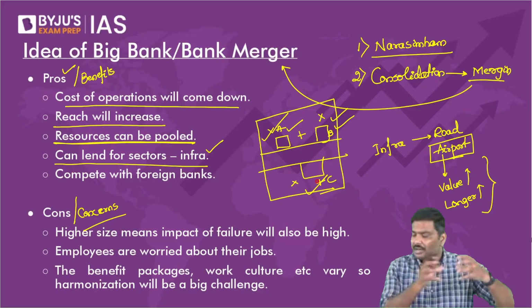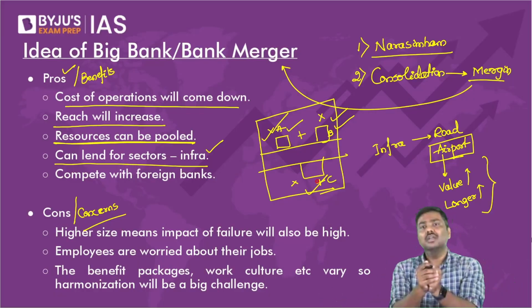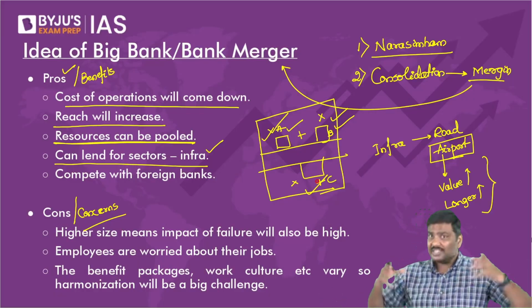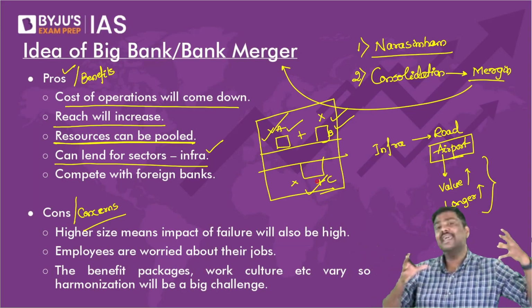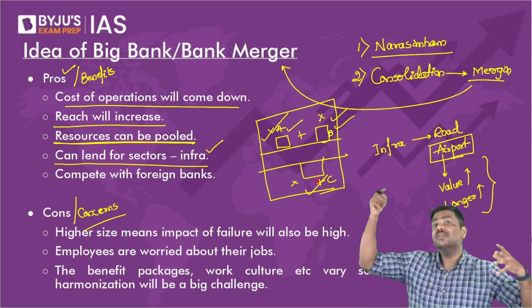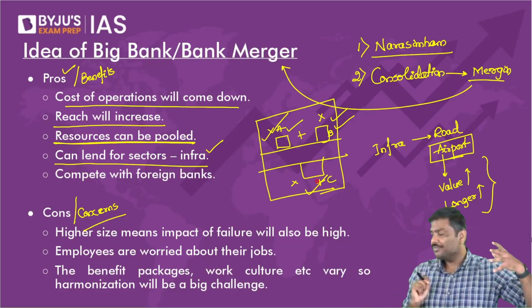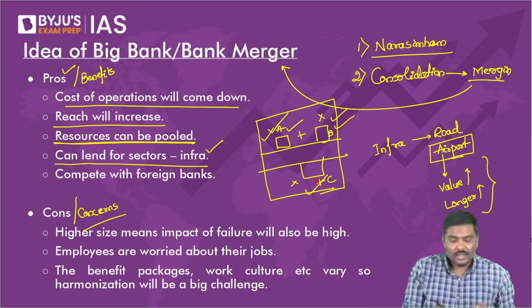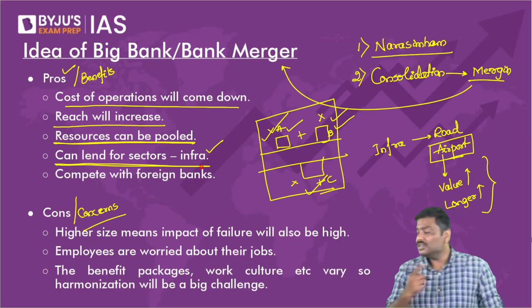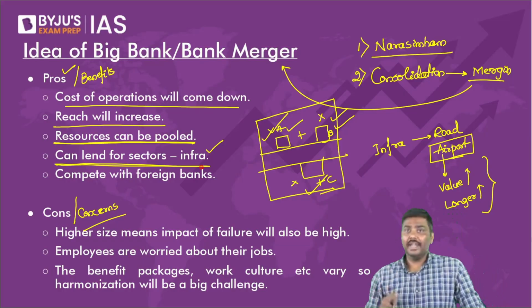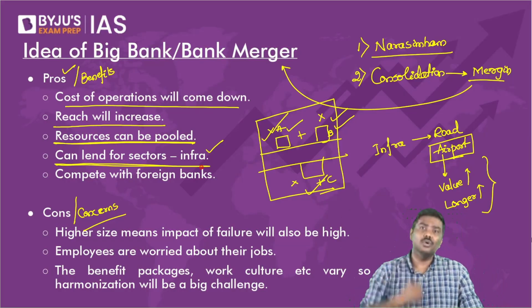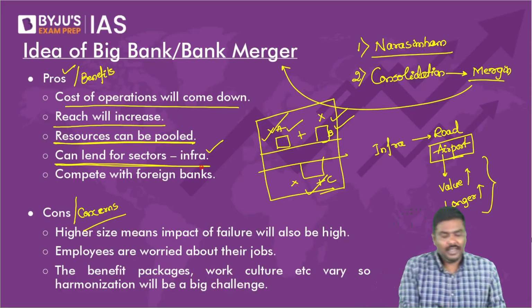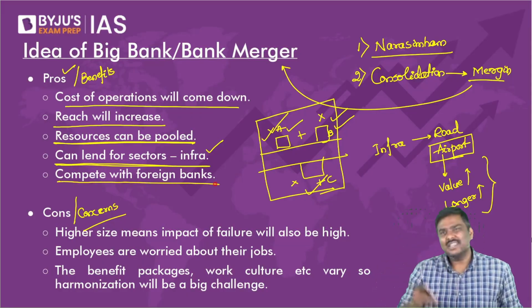But what if I say A plus B plus C, which were smaller banks, have now been merged? Now, don't you think with this larger deposit base they have, they will be able to give infrastructure loans now? Does it make sense to you? So they can start providing loans for infrastructure. It will promote these kind of loan or lending activity.